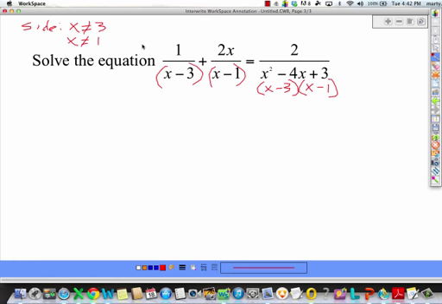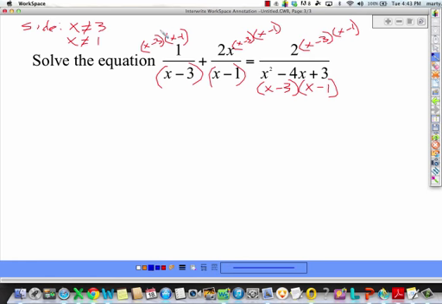So if we go here, I'm going to multiply this 1 times x minus 3 and x minus 1. I'm going to multiply this 2x times x minus 3 and x minus 1. And I'm going to multiply this guy by x minus 3 and x minus 1. What happens when I have this over x minus 3?